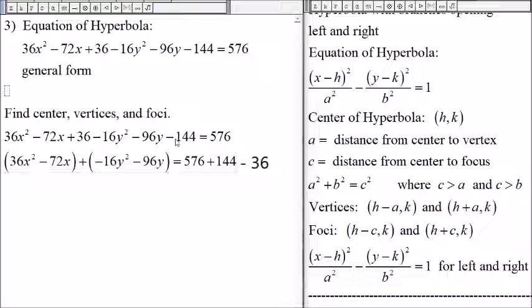This is minus 144, and so when we move it to the other side, it becomes plus 144. And then factor out 36. Once again, factoring out 36 just means put the 36 in the front and then divide everything by 36. So divide by 36, divide by 36.